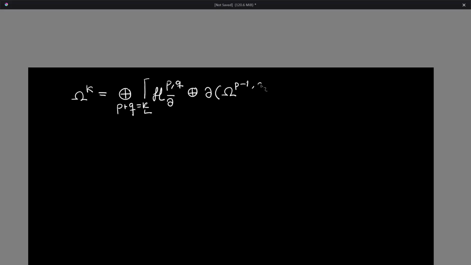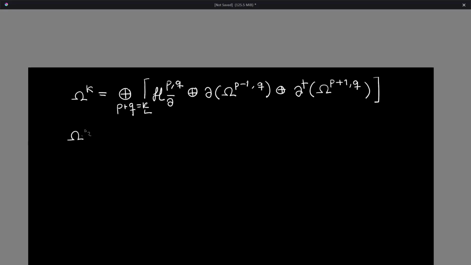We can write it as Omega^k equal to the sum over p plus q equals k of harmonic (p,q) forms with respect to partial bar, plus partial of Omega^(p-1,q), plus partial dagger, sorry, of Omega^(p+1,q).